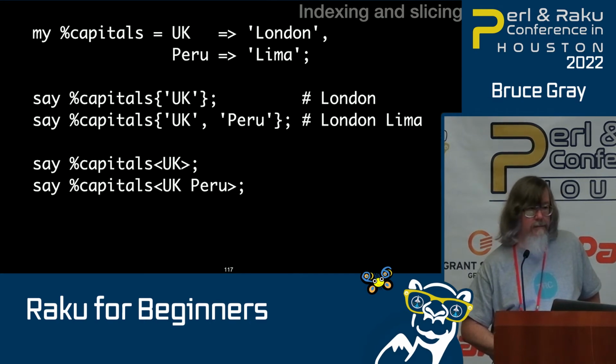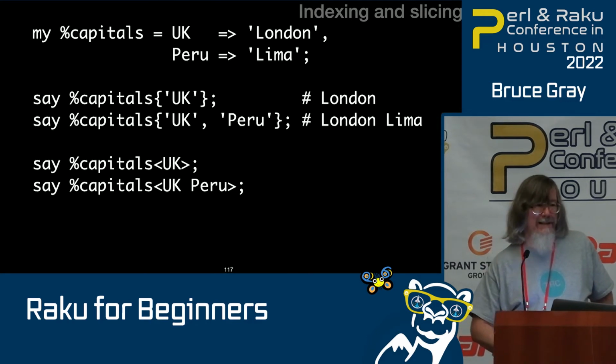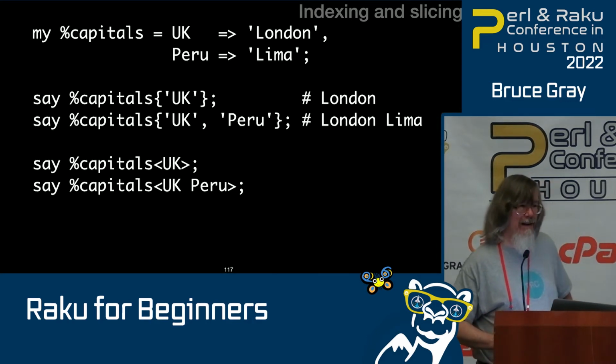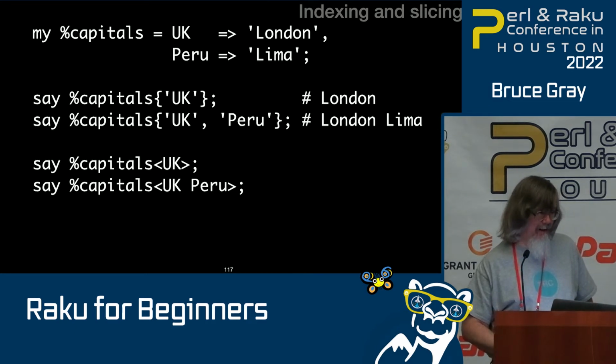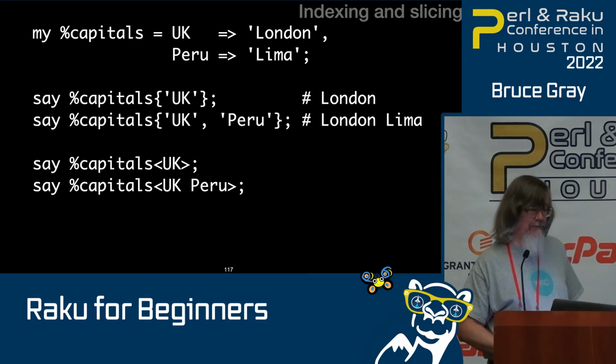Can you do double angle brackets there too? Will you try it and tell us? The question is, can you use double angle brackets there? I bet so. I strongly suspect, but my memory is imperfect. So I think that's a nice thing for you to volunteer to tell us.